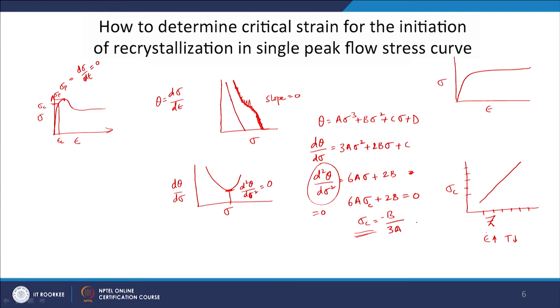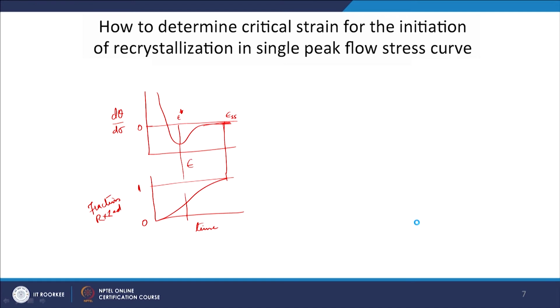If I want to find out the kinetics of the process, then I have to plot the same d theta by d sigma as a function of strain, and that will give me the kinetics of the deformation process. As I increase the temperature, the kinetics will be faster, so it will go towards the lower time scale.